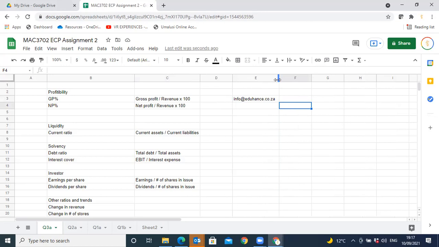So don't stress whether it's right or whether it's wrong. It is just to attempt the comment by doing 2 to 3 things. One, state whether it increased or decreased relative to this year or that year. Number 2, the reason. And then if it decreased or deteriorated, give a reason or a suggestion to improve. Okay, so that's what I want you to do.